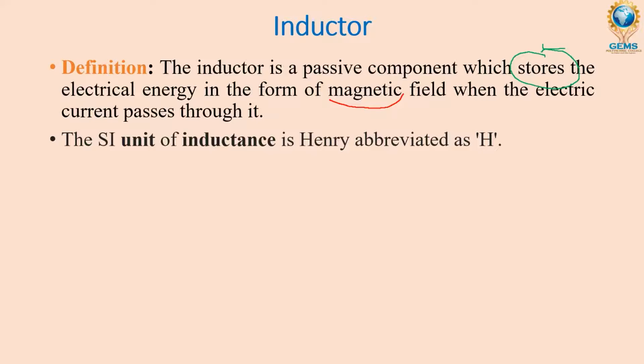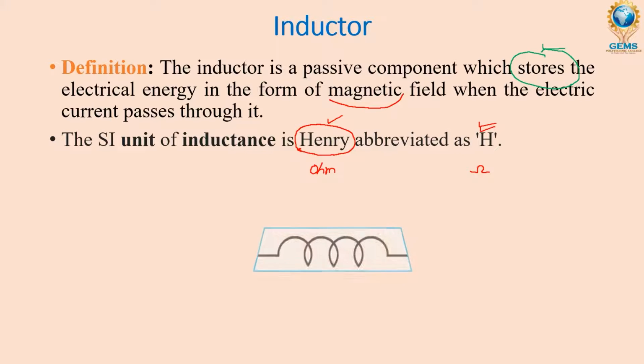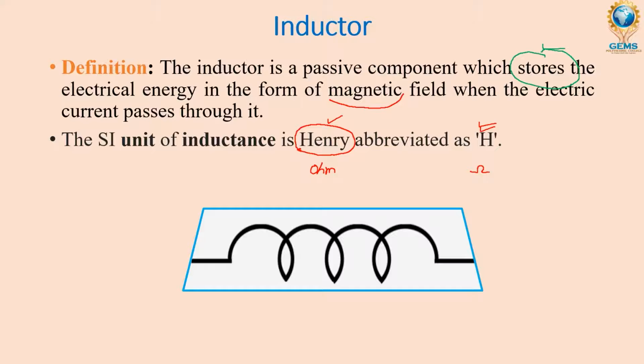The SI unit of inductance is Henry, abbreviated as H. Just as we write ohm for a resistor and gave its symbol, for the inductor the unit is Henry, which we represent with H. This is the symbol for an inductor.